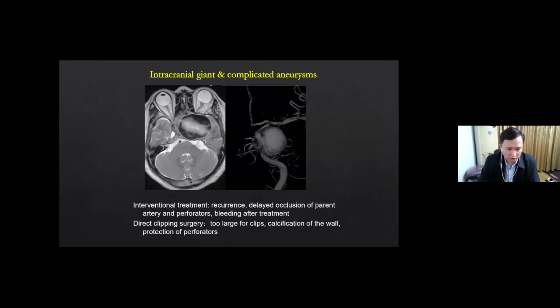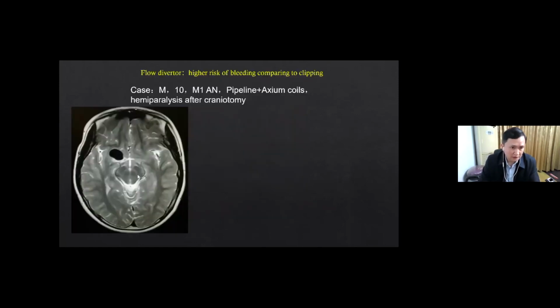But for giant and complicated aneurysms, we still need the bypass, especially for MCA M1 to M2 segment aneurysms, like this patient. Now, a flow diverter is also a choice, but it still has a high risk of bleeding compared to clipping.